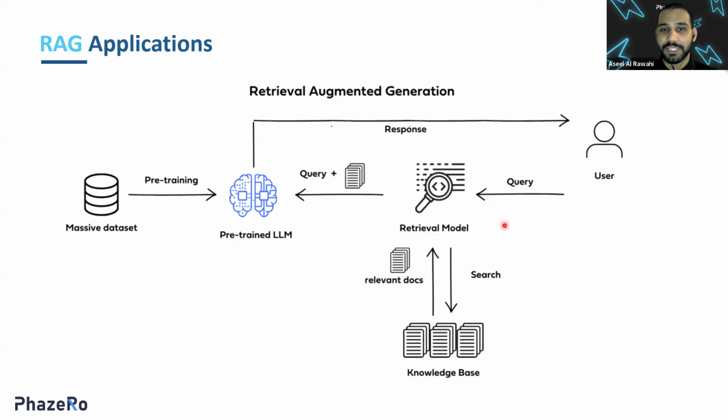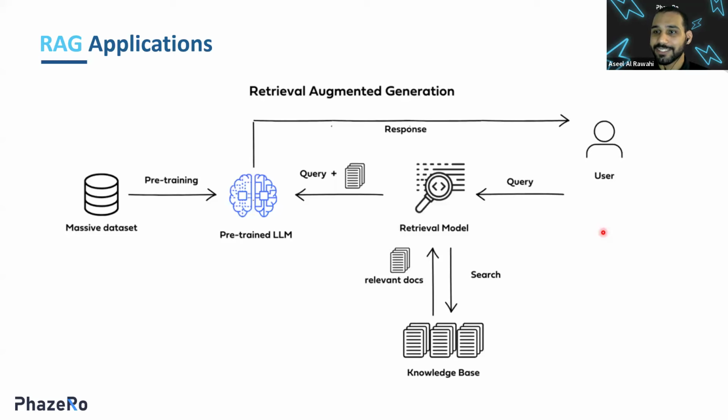Then we take the user query along with the documents that we think are relevant to the user question, and we feed them to the pre-trained large language model. We then ask the large language model to synthesize that response and send it back to the user. That is typically how RAG applications are built at a high level.